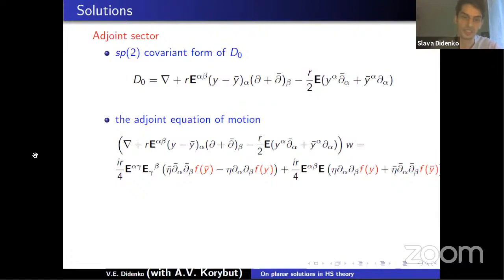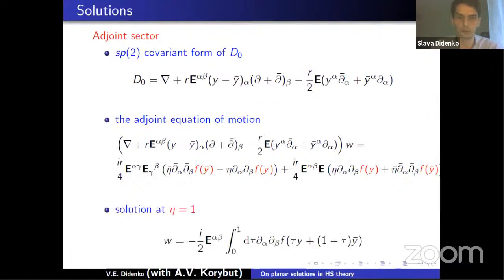And that means that the space-time partial derivative equations will reduce to ordinary ones. And for eta, the phase parameter, equal to 1, we were able to solve that equation and find the solution in a very, very simple form. That was one of the inspiring things to go on to the nonlinear level, because the solution is very simple.